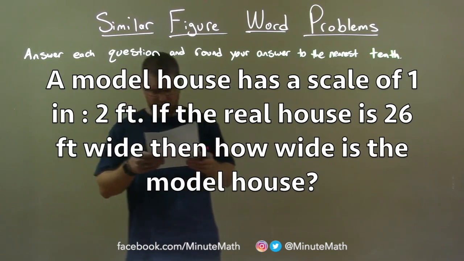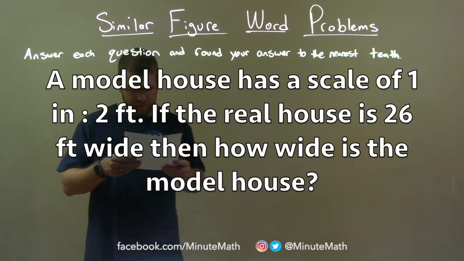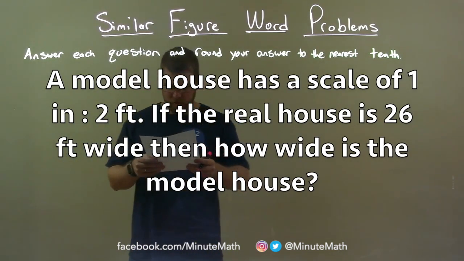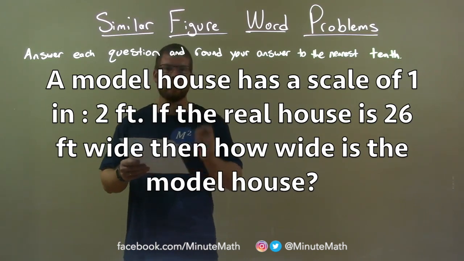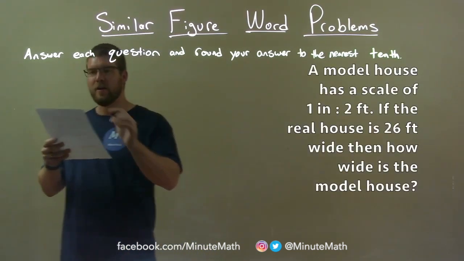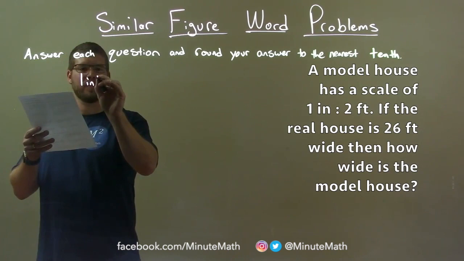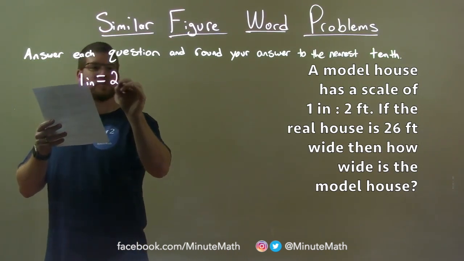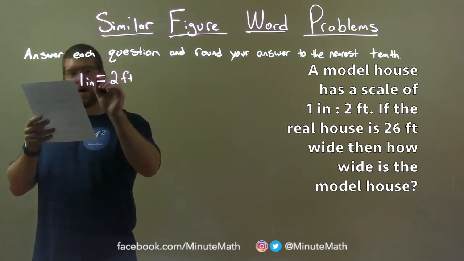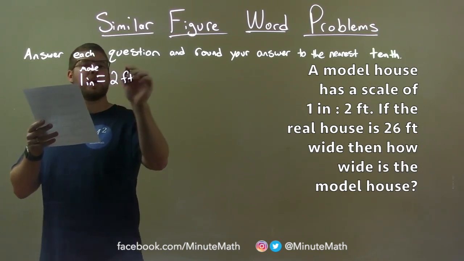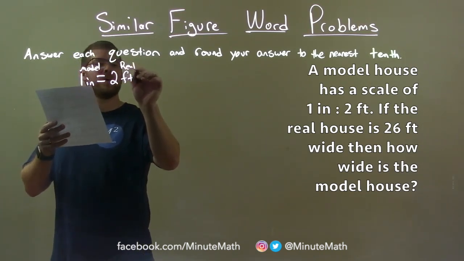A model house has a scale of 1 inch to 2 feet. If the real house is 26 feet wide, then how wide is the model house? So they give us this scale of 1 inch to 2 feet. That's 1 inch on the model, and our real house is 2 feet.